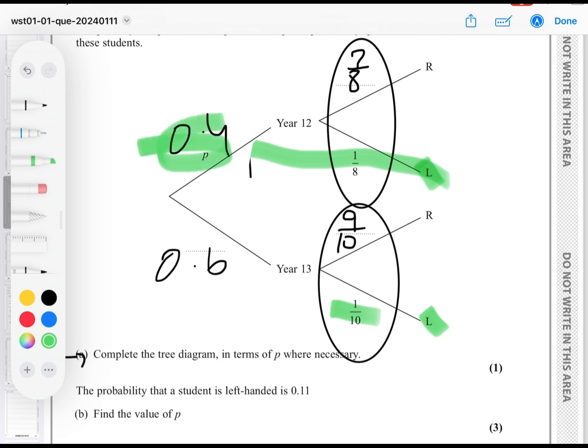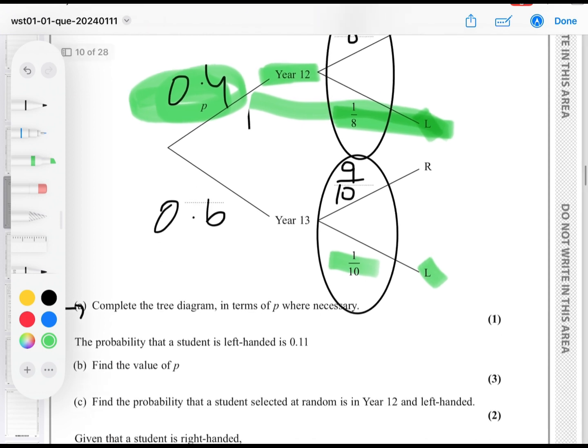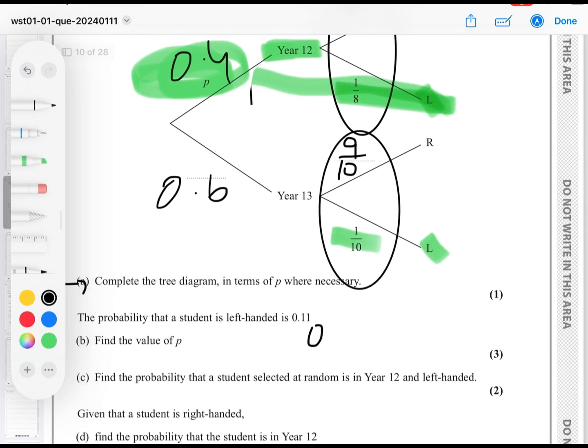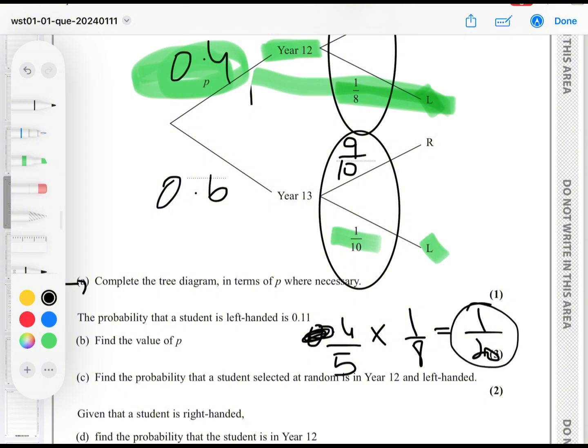So this will be 0.4 times 1 upon 8. If I convert this into 4 upon 5 into 1 upon 8, this will turn into 1 upon 20. So 1 upon 20 is the answer for the third part.